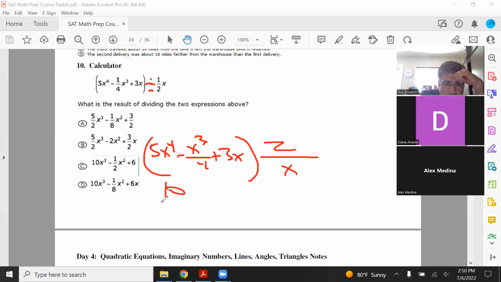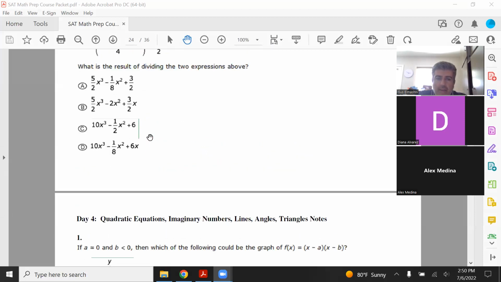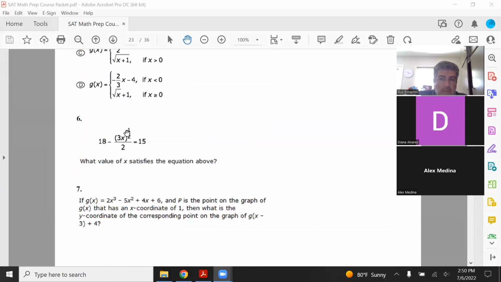So you have 10x cubed minus x squared over 2 plus 6. So there's a plus 6 at the end. Yeah, I like C a lot. C looks good to me. Okay. So that's a good math review.